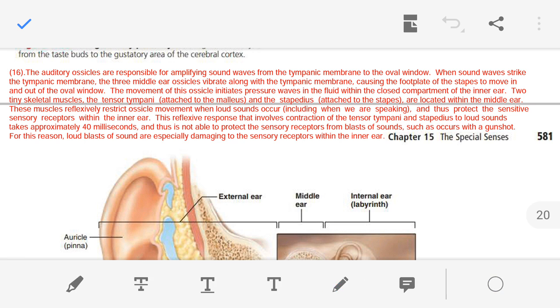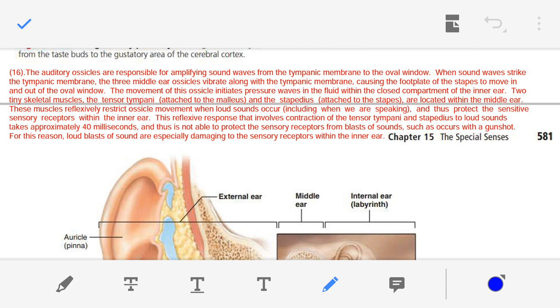Okay, so due to that, this reflexive response of these two muscles is not able to protect the sensory receptors of the inner ear from a blast of sound such as occurs with a gunshot. If someone is firing a gun, the sound is produced by the movement of the bullet in the air, and we know the speed of a bullet is very rapid.